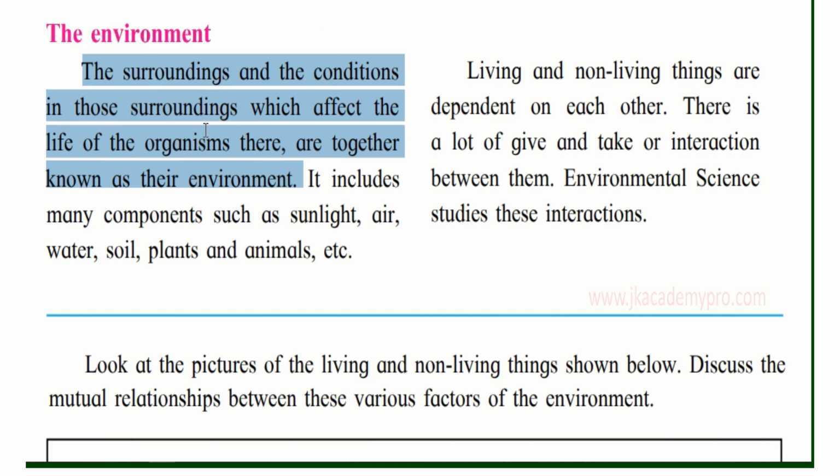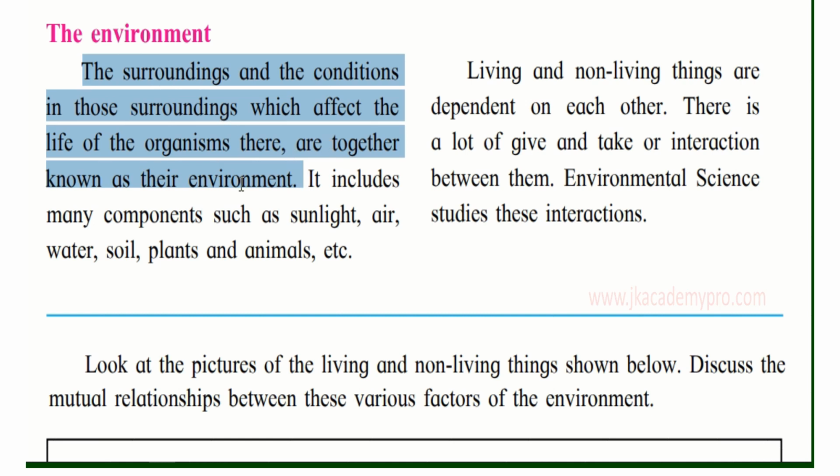So all those conditions in those surroundings together, the surroundings and the conditions of the surroundings which affect the life of the organisms. Life of the organisms means the living things. Organisms are living things. So it depends on how these organisms survive, how they live. So the surroundings as well as the conditions of the surroundings together are known as the environment.